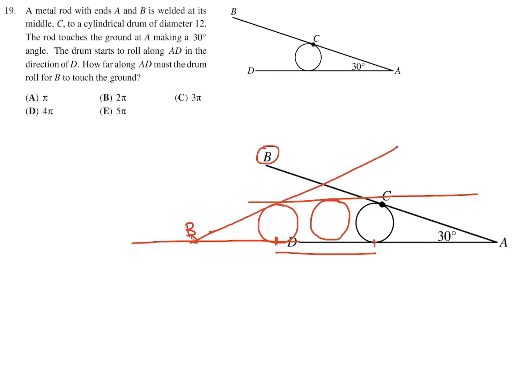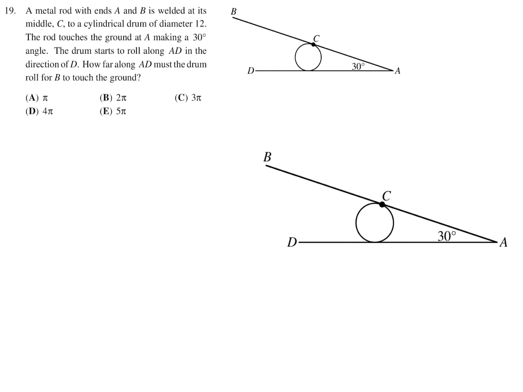That's always very helpful. So let's draw this out a little bit cleaner. I have drawn it out a little bit cleaner, and I wanted to illustrate what is happening here. This circle started to move in that direction, and eventually it came to here. And when it did, you'll notice that C is now right here, and B is now here.